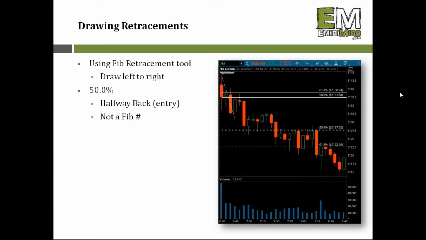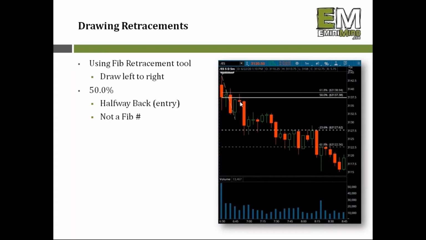We've identified that the trend is down. It's established lower highs and lower lows. And if you can just be a little more patient and not jump in and chase those lows down, you'll have much better entries, and you'll also be able to stay in the trend a lot longer.